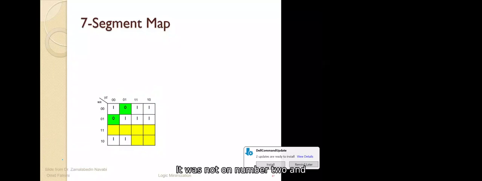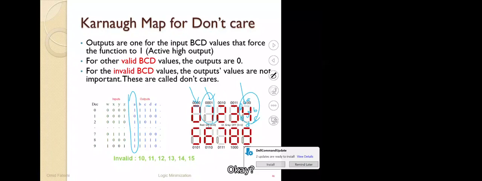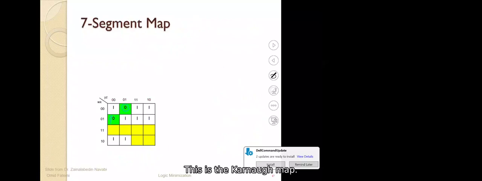It was not on number 1 and number 4. Segment A is not on for number 1 and number 4. Okay? Following? Okay. So this is the Karnaugh map.